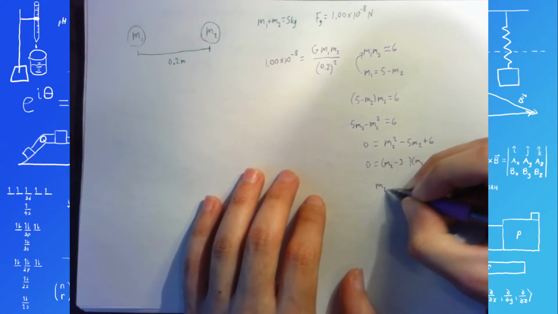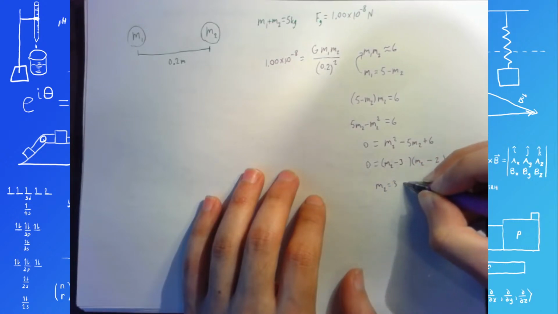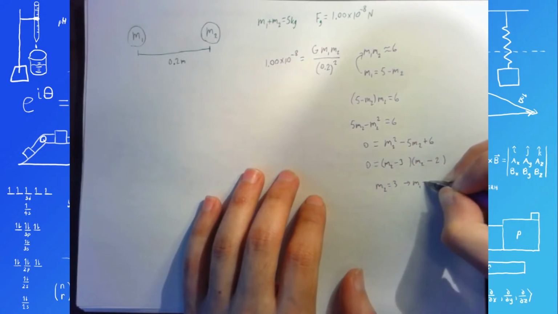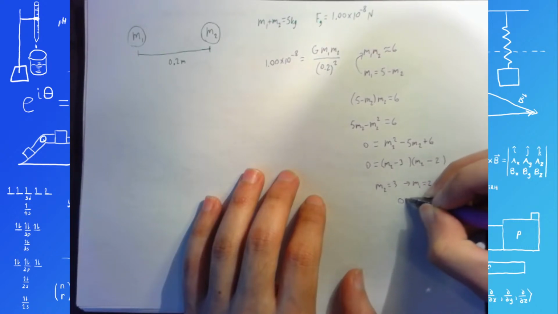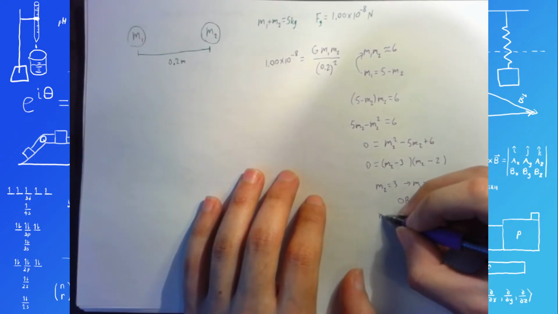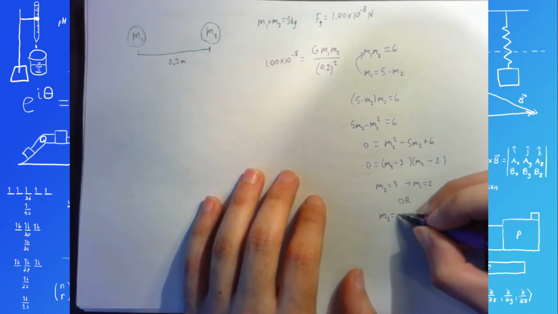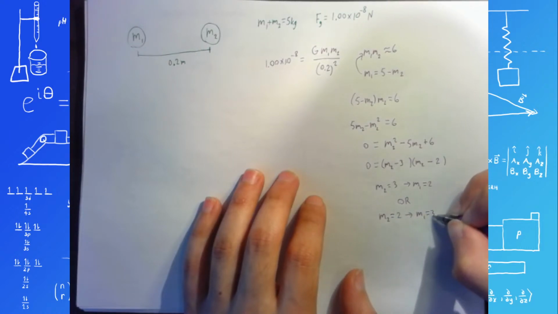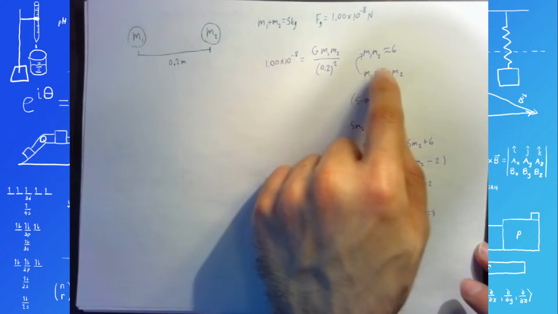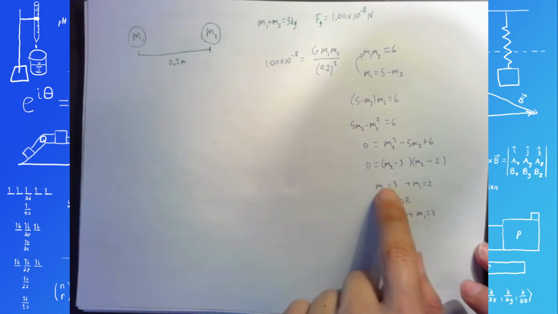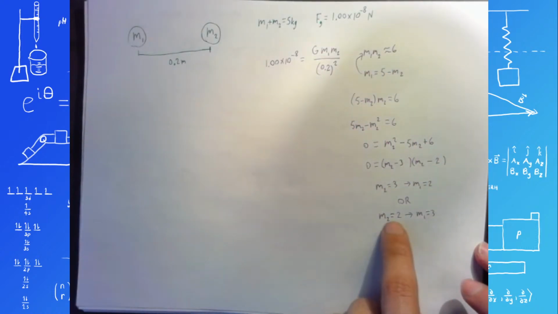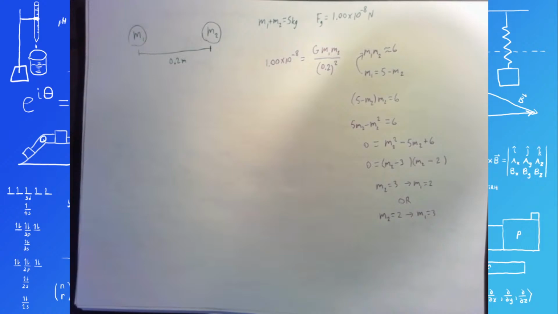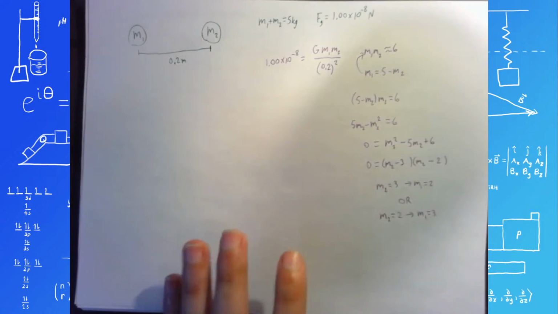Either m2 equals 3, leading to m1 equals 2, or m2 equals 2, which leads to m1 equals 3, since m1 is 5 minus whatever m2 is. 5 minus 3 is 2, 5 minus 2 is 3. Either way, one of the masses is 3, the other is 2. We're done.